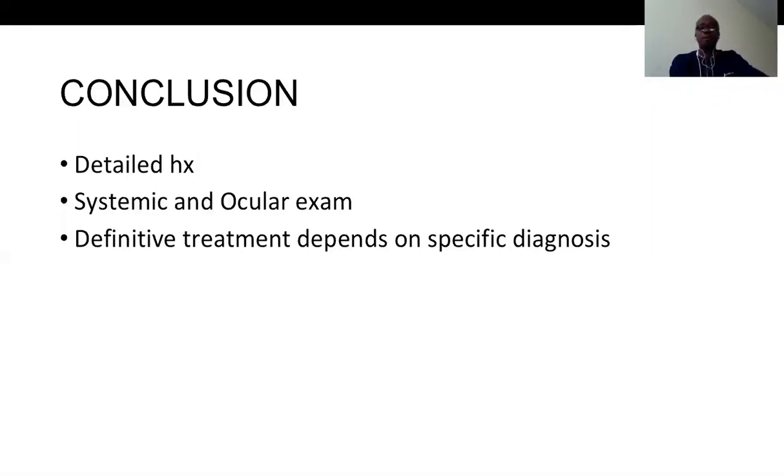Then another question here, two questions actually. It says, in treating Posner-Schlossman syndrome, how do we balance inflammation control with steroid-induced IOP spike? That is, the treatment worsening the disease itself. Well, this is the reason why the patient will need to be followed up and monitored closely, so that when he starts responding to steroids, there may be a need to change to a weaker steroid, or even use non-steroidal anti-inflammatory medications.